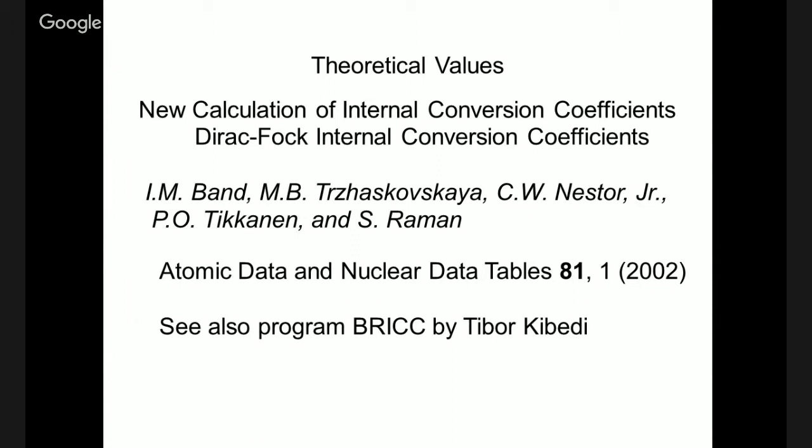He programmed BrIcc, a conversion coefficients program that we use to interpolate conversion coefficients for different multipolarities and energies, theoretical values. And we found that the agreement with experimental values is within 1.5%. So there's no need to use experimental values anymore.